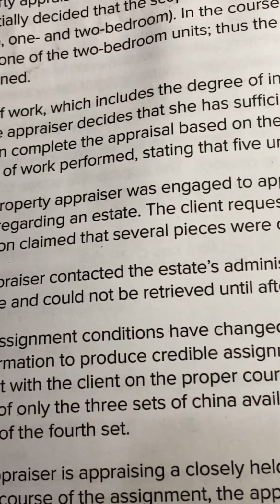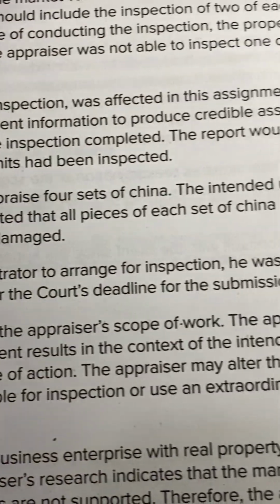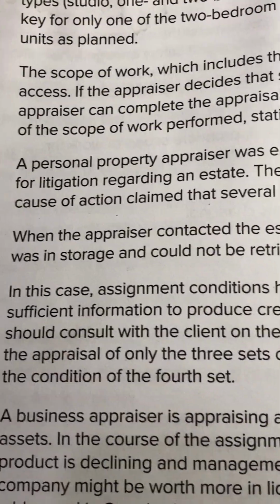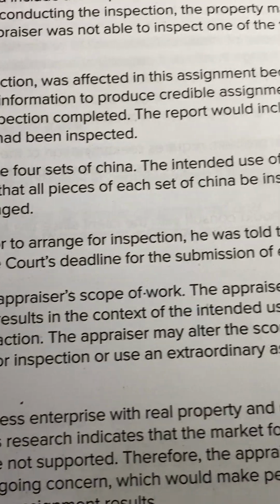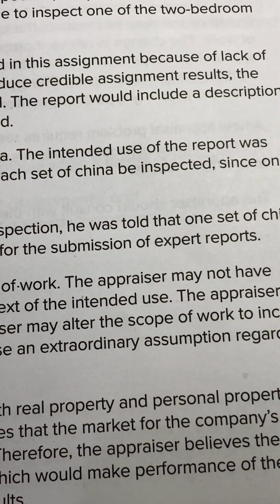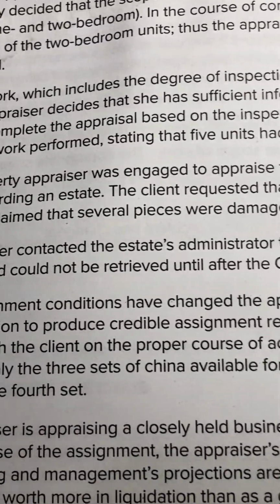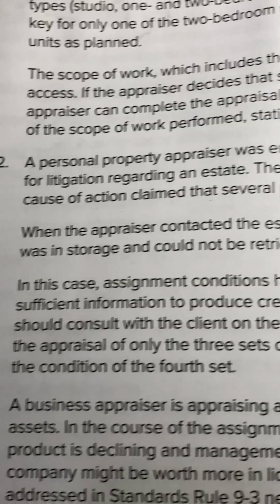If the appraiser decides that she has sufficient information to produce credible assignment results, the appraiser can complete the appraisal based on the inspection completed. The report would include a description of the scope of work performed, stating that 5 units had been inspected.